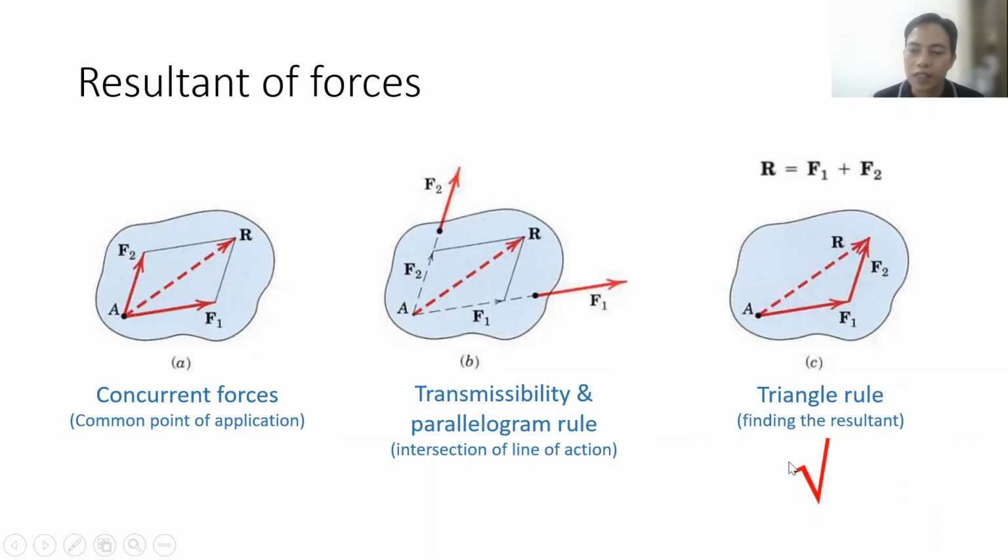So this is the correct method to obtain the resultant, both triangle rules and parallelogram rules. Mathematically, we can write the summation of vectors F1 and F2 as shown in this formula.